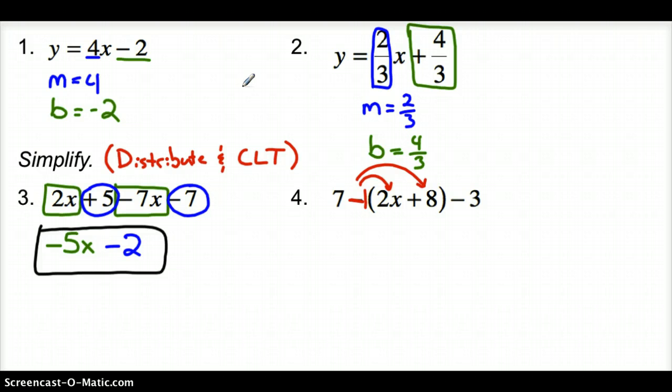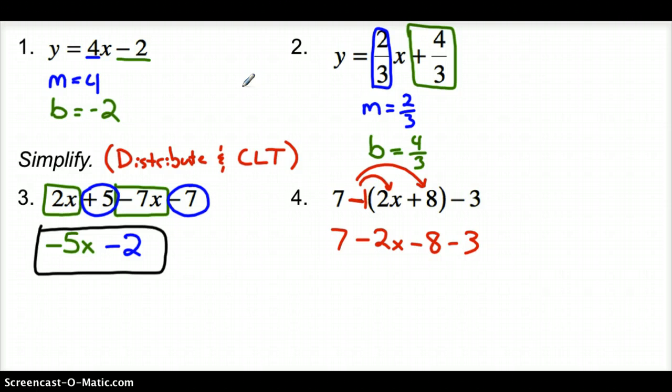Okay, so if we were to write this out in the first step now, I'm going to have the 7. Remember, the 7 is not being distributed, so we're going to leave that alone. I have negative 1 times 2x will give me a negative 2x. I then have negative 1 times positive 8, which is going to give me a negative 8. Okay, and then I can just write this minus 3 out here at the end.